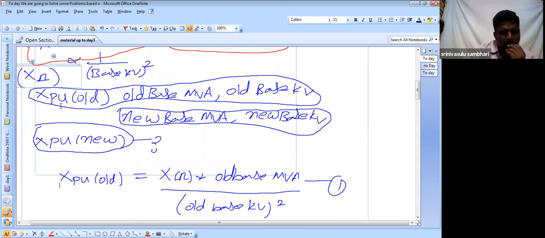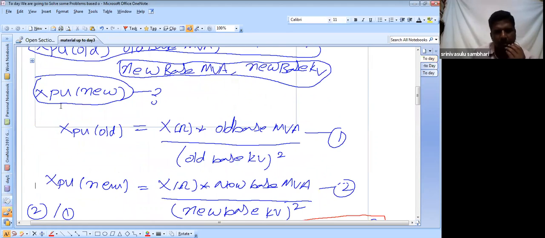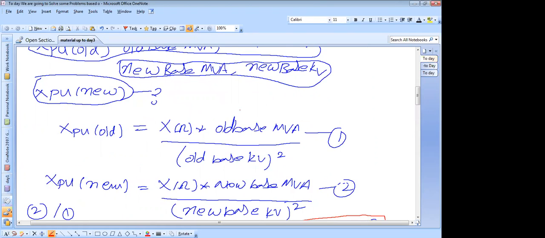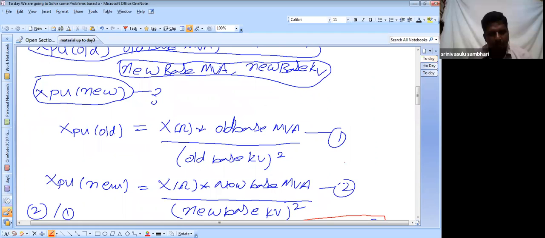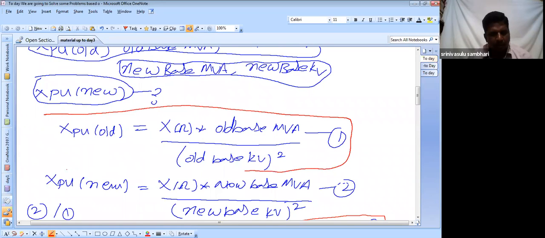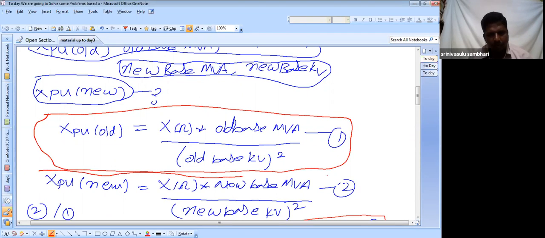First, we write what is X per unit old based on known formula, that is X per unit old equal to X in ohms into old base MVA divided by old base kV square. Similarly, we write X per unit new equal to X in ohms into new base MVA by new base kV square.